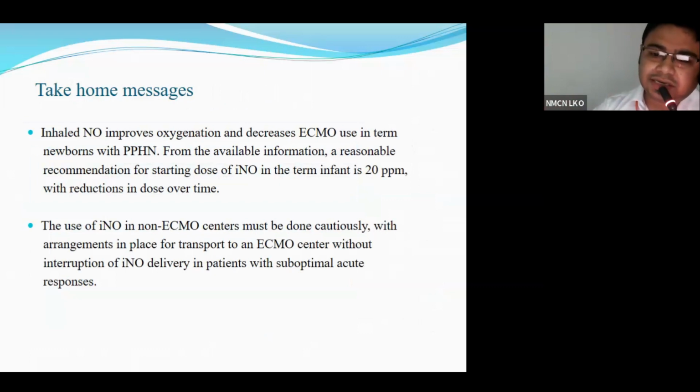The evidence is to start at 20 ppm, and only if there is a real need do you escalate, because the more you escalate, the more the problem with methemoglobinemia comes. It should only be done in centers where ECMO facilities are there, because the oxygenation index is already high, and you can land up in a situation where the oxygenation index can easily go to more than 40, which is a clear-cut indication for initiation of ECMO.